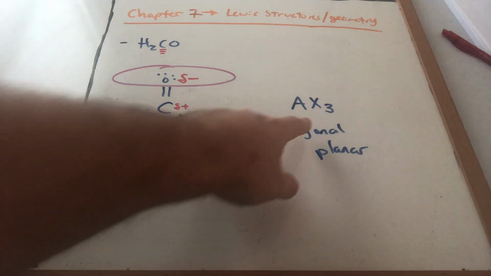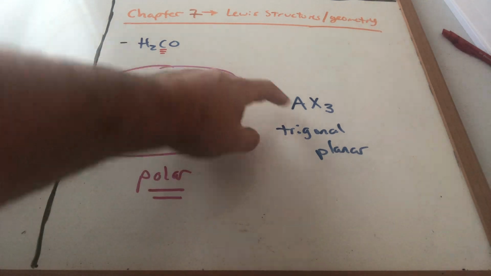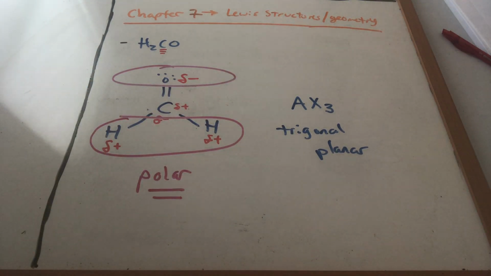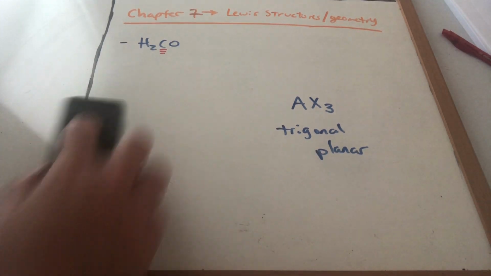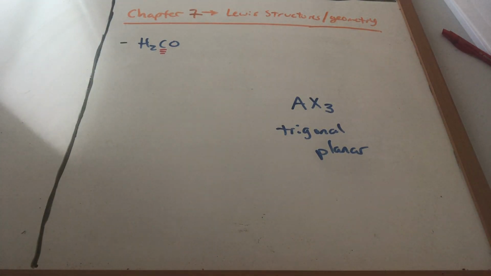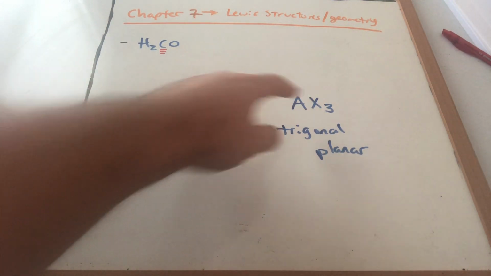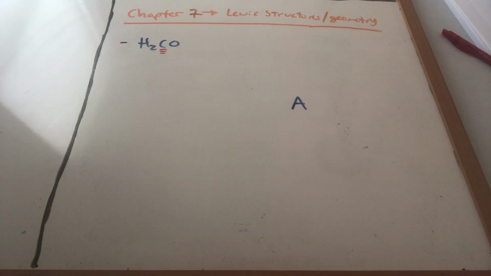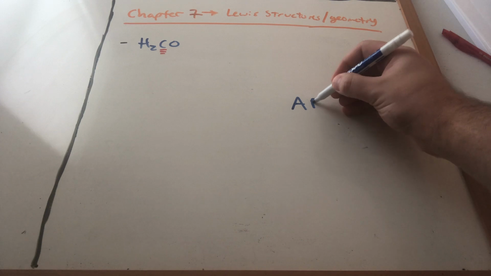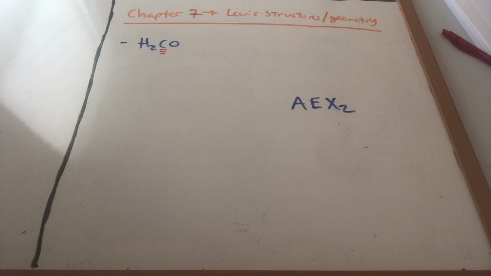Now, what you'll see on the chart that we have to know, figure 7.19, is that this is not the only thing listed, all right, for that family. Whenever there's 3 things around a central atom, there's 2 different ways we can get that. We can have 3 things around that are atoms, or we could have 1 lone pair and 2 atoms, okay?